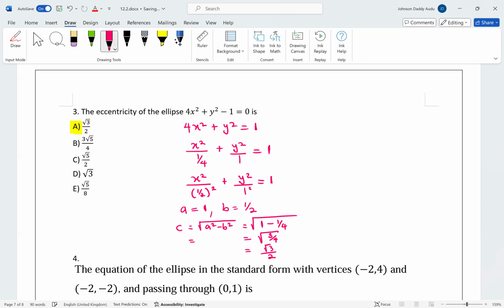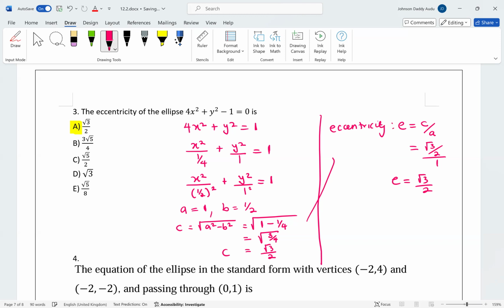So this is c. And then the eccentricity e equals c over a, which is root 3 over 2 over 1. So the eccentricity is root 3 over 2.